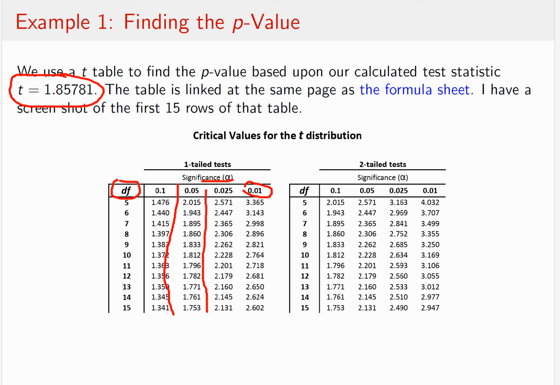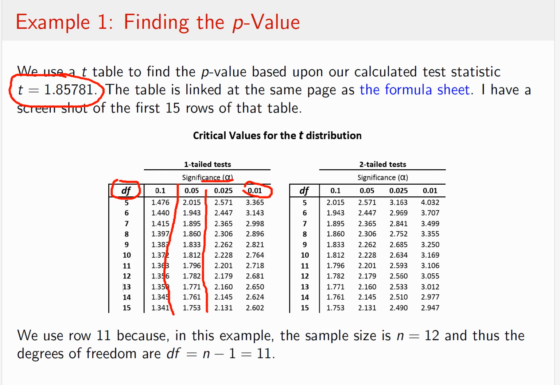Now, what's this degrees of freedom? It turns out that the degrees of freedom is n minus 1, sample size minus 1. We'll find out that there were 12 students in the sample. So what does that mean? It means that I'm looking in row 11. Why? Because the rows are degrees of freedom. So 5 degrees of freedom here, 8 degrees of freedom here, 15 degrees of freedom.